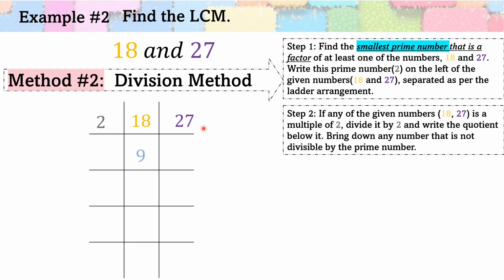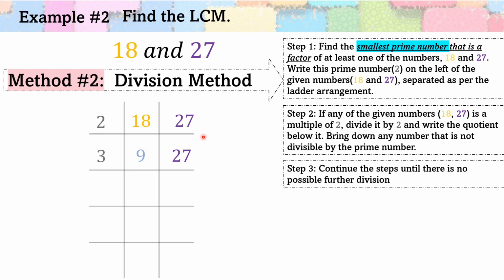Then 27 is not divisible by 2, so you need to bring that down. Then again, think of the smallest prime number that is a factor of at least one of the numbers, 9 and 27. So I think there is, which is 3.